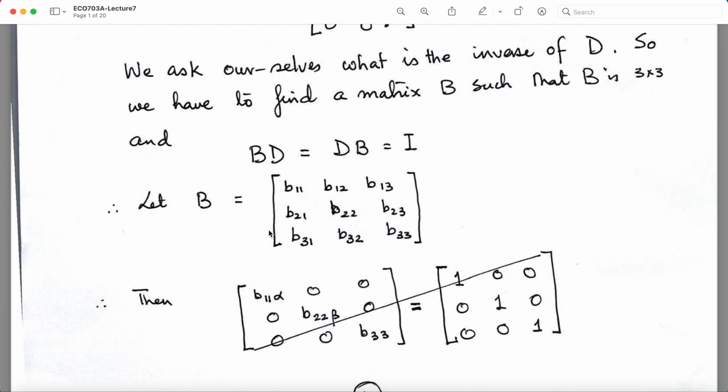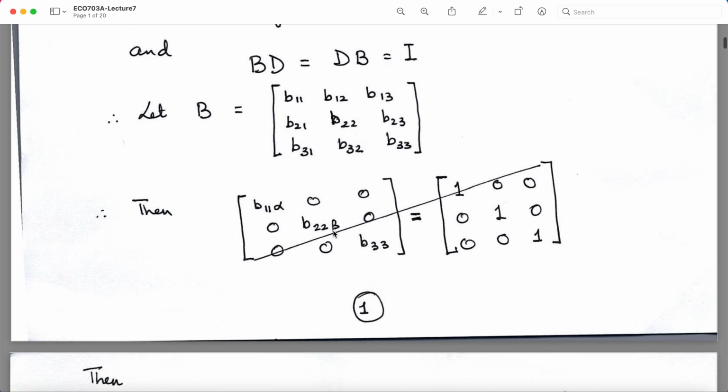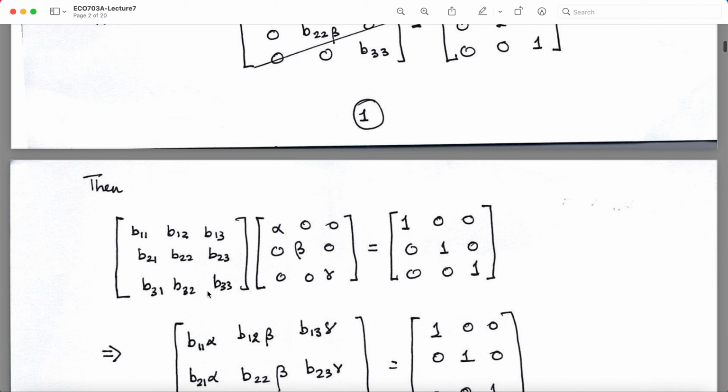So how do I get going? Let's take the operator B, which has a matrix representation B. D inverse has a matrix representation B, and that B is given in a very general form, B11, B12, B13, and so on. Then I know that B of D must give me identity, or D of B must give me identity.